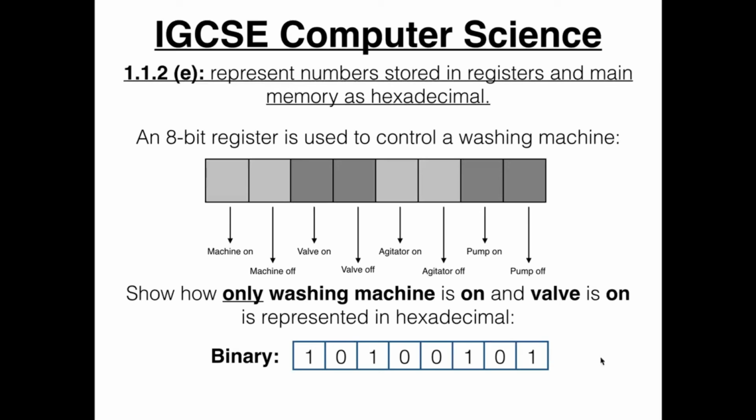If you plug in the values into this register, it'll be machine on, valve on, and the rest off. So we convert this number to hexadecimal, and that would be A5. Check that. Yeah. So again, we can see why programmers would prefer to use hexadecimal rather than binary, but this time in a register.